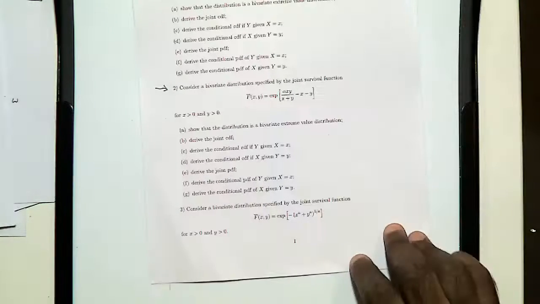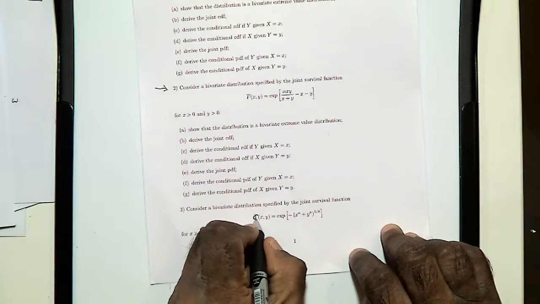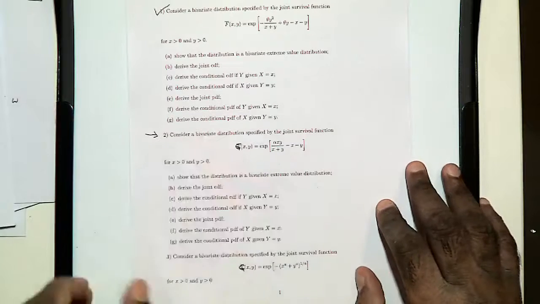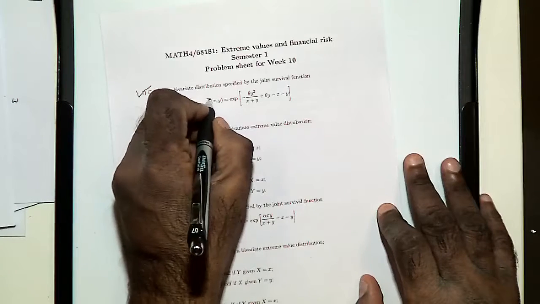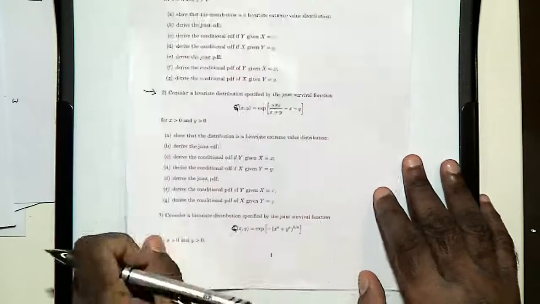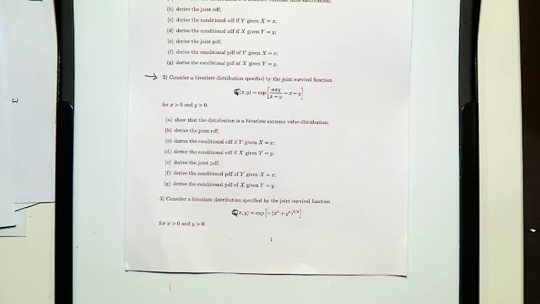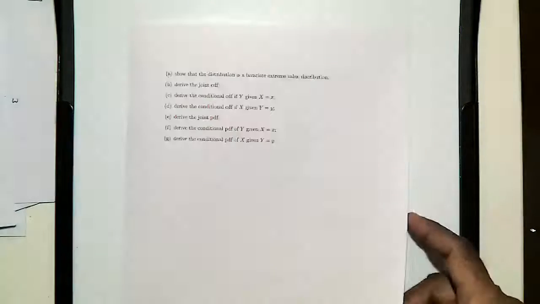By the way, this should be G, not F. That's a mistake. All this should be G bar, not F bar. All right. So G bar is given by this, and the questions are the same. On the next page, the questions are pretty much the same.